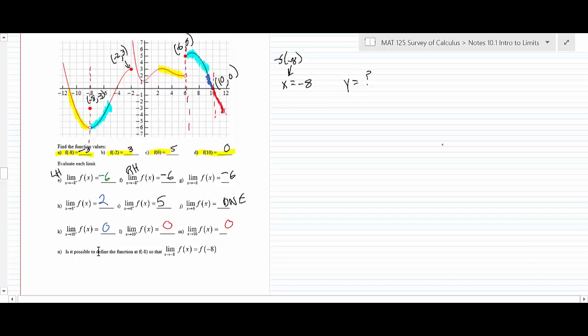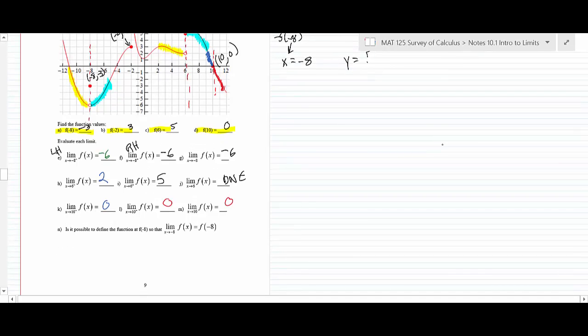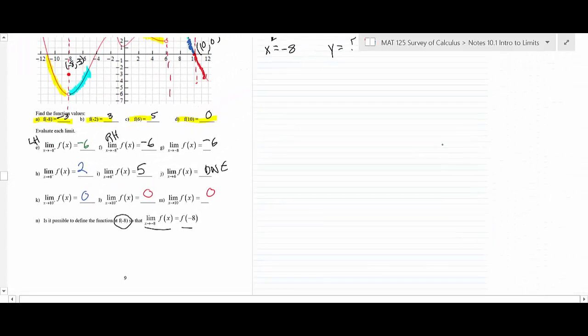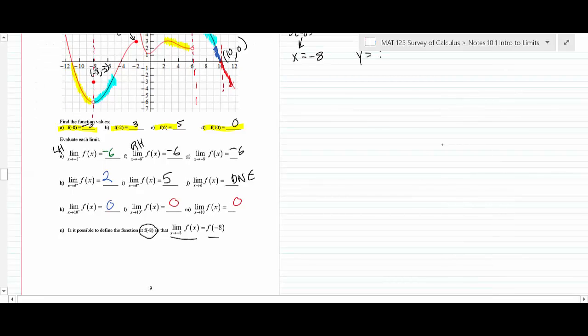This next question says, is it possible to define f of -8 so that the limit as x approaches -8 is the same as the function value? And pay attention carefully to this. Here's -8. What was the value of this two-sided limit? What's the function value?